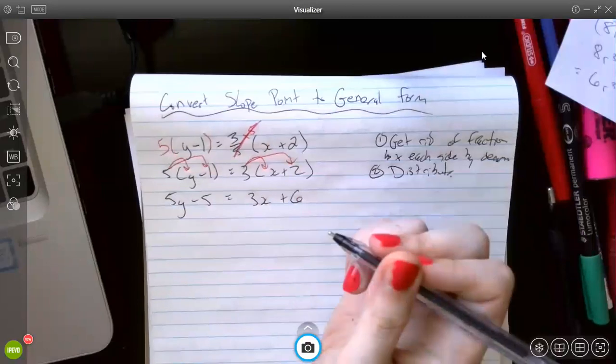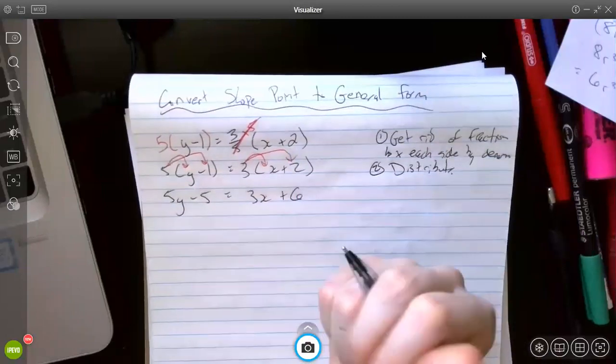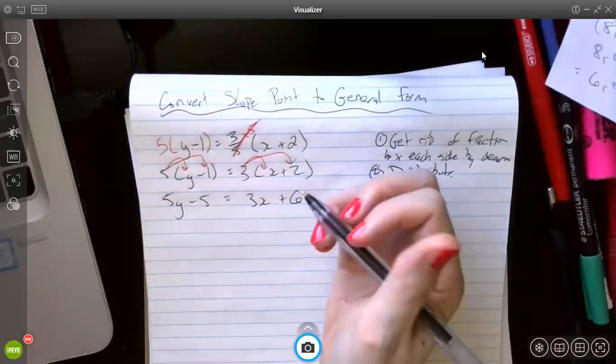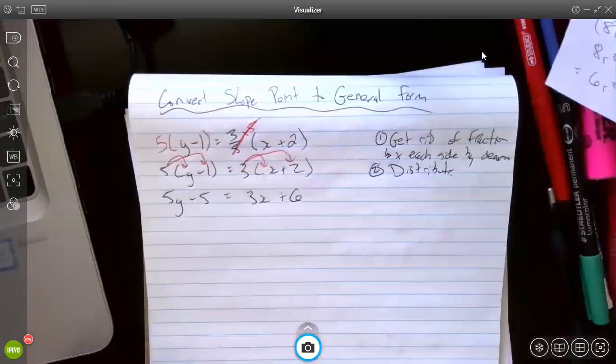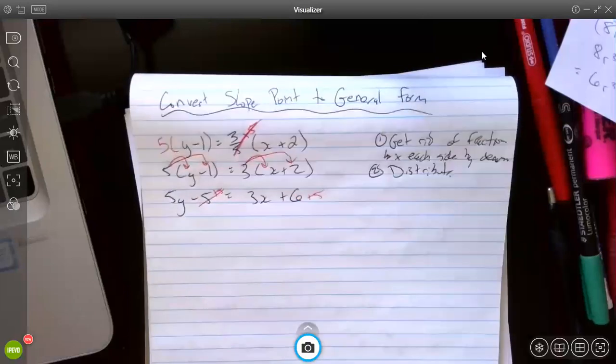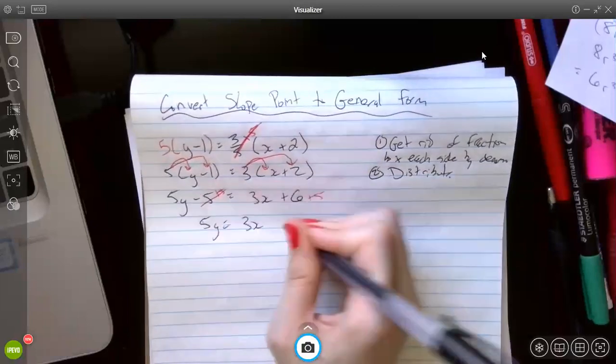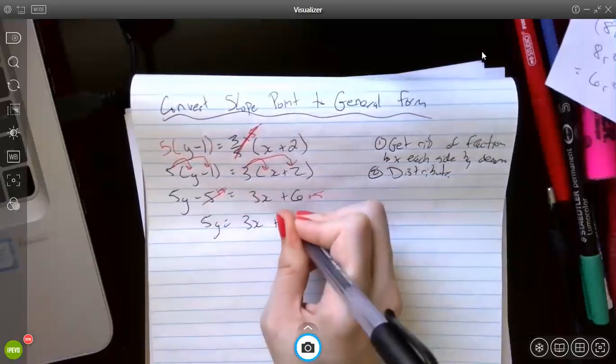Then I am going to start moving everything to one side. So I can start by moving my 5, so plus 5 plus 5. That leaves me with 5y equals 3x plus 11.